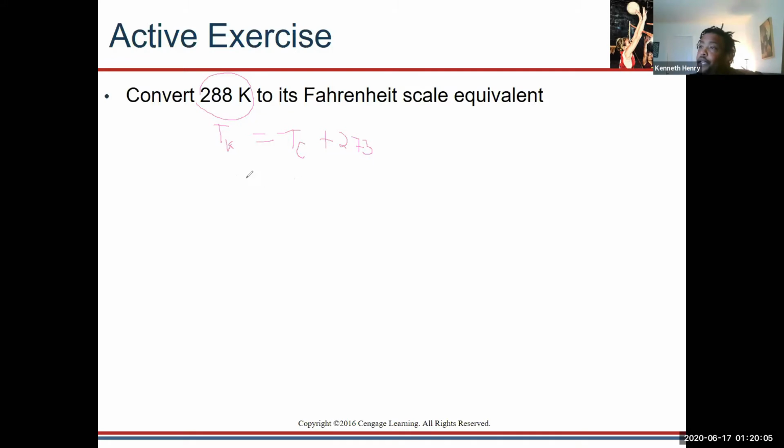So we have TK minus 273, and that's going to equal our TC, or temperature in Celsius. So that's going to equal 288 minus 273.